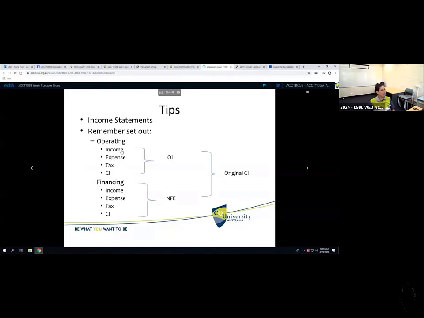We have income, expense, tax, and comprehensive income, and we have those same categories under financing. The total for those gives us a total called operating income, and the total for F we call net financial expenses.